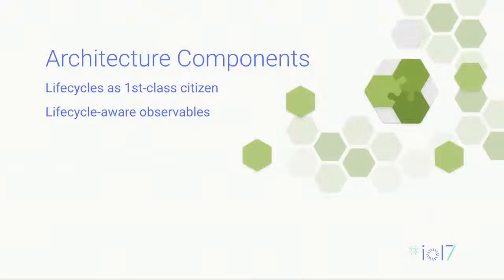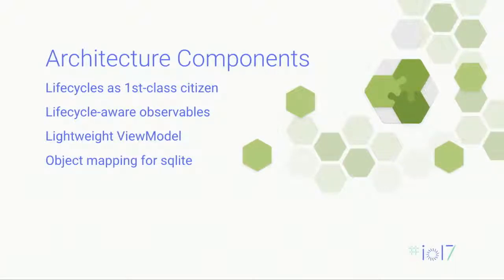But this is basically things that can do something based on the lifecycle. Third, we are going to introduce a lightweight view model, which is all of our effort to take that code outside of your activities and fragments and put it somewhere else where you can easily test it. Last but not least, we are going to introduce a new object mapping library for SQLite. And all of this is available for you today on maven.google.com.